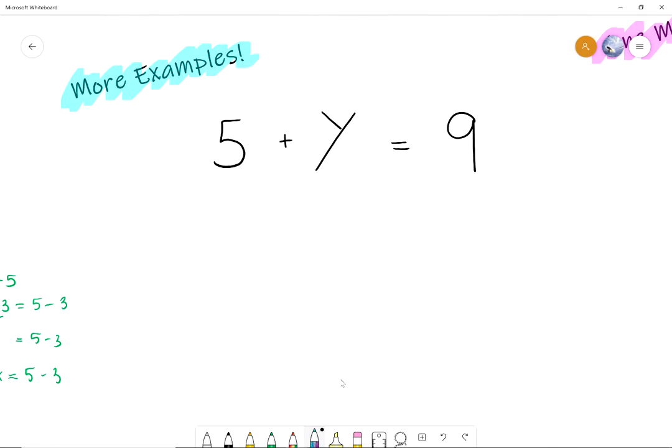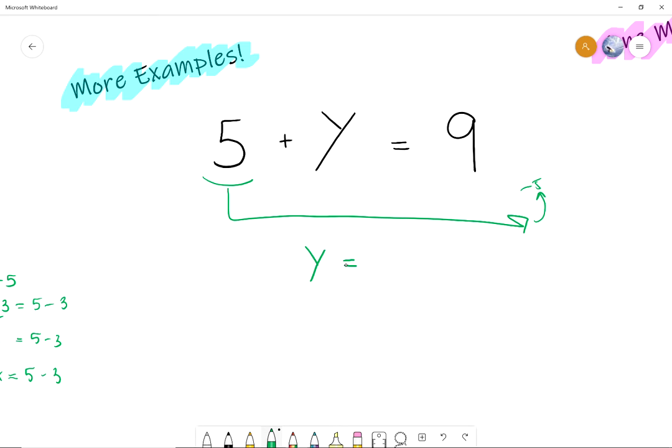5 plus y equals 9. What can we do to solve for y? We can take the plus 5 and bring it to the other side as minus 5. Great. I'm going to bring it right here as minus 5. So instead of 5 plus y equals 9, I get what equation?